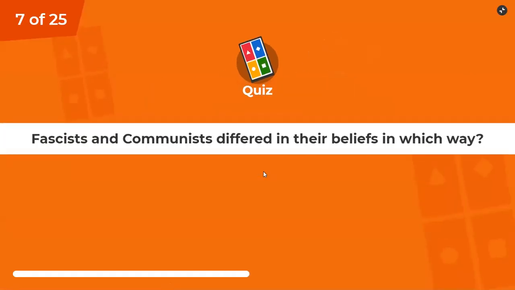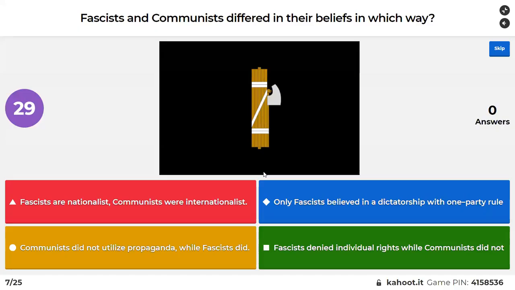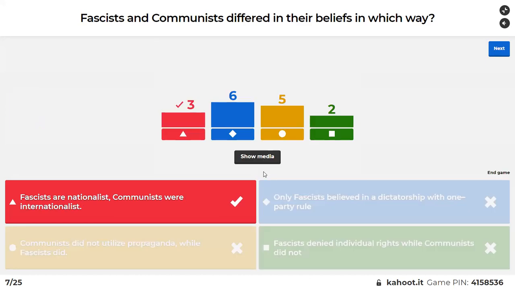All right, fascists and communists differed in their beliefs in which way? Okay.